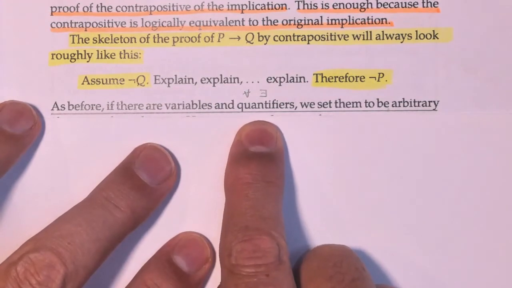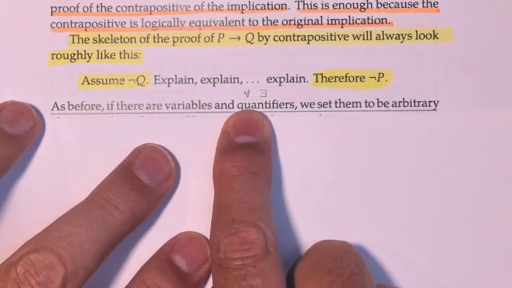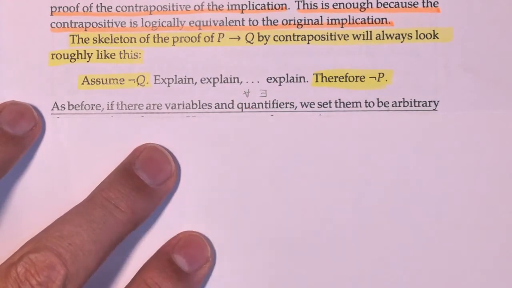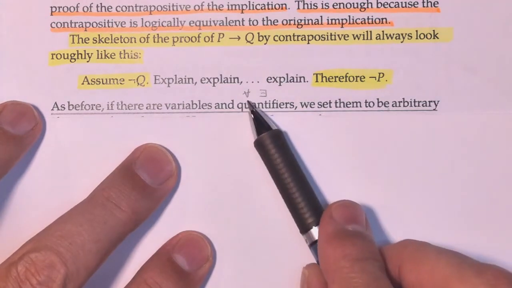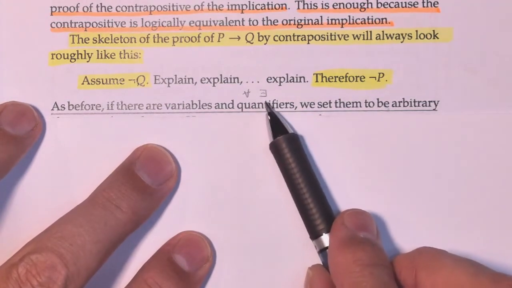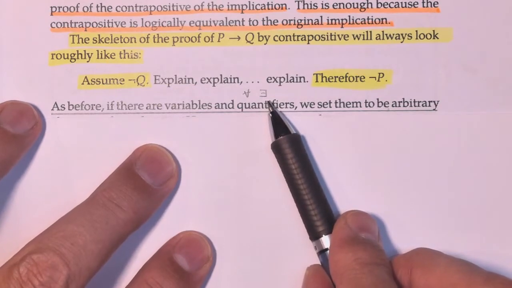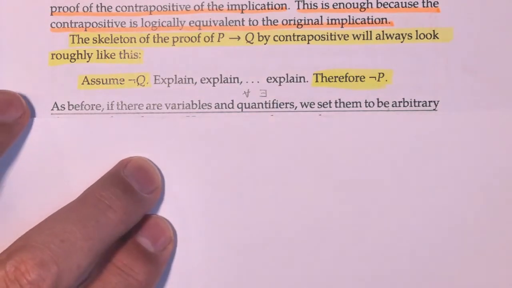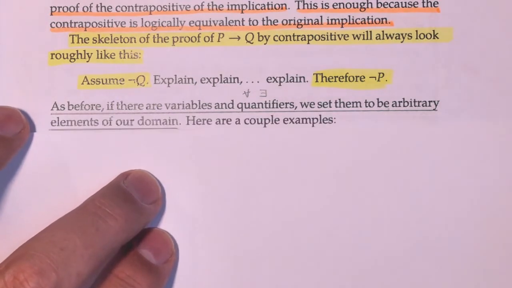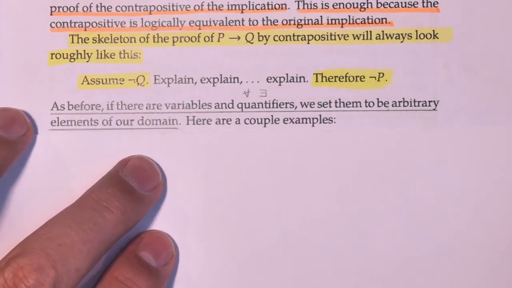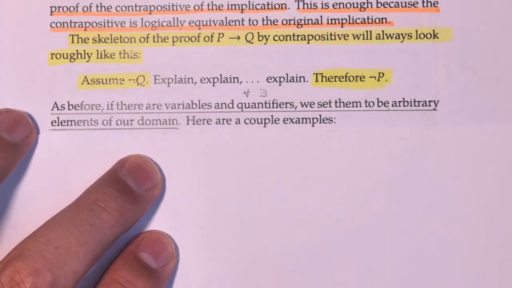The quantifiers are always either universal, which means they are true for all values, or existential, so they exist for certain values. We set them to be arbitrary elements of our domain. Let's look at a few examples that deal with the proof by contrapositive.